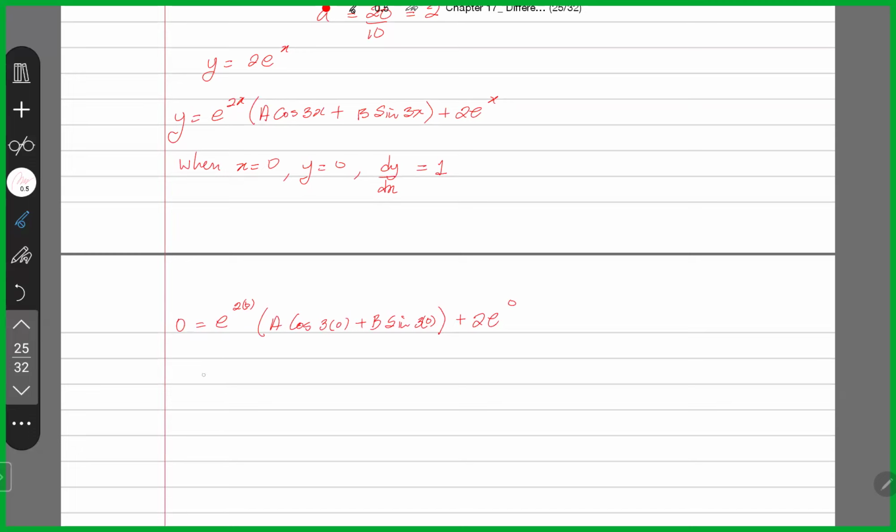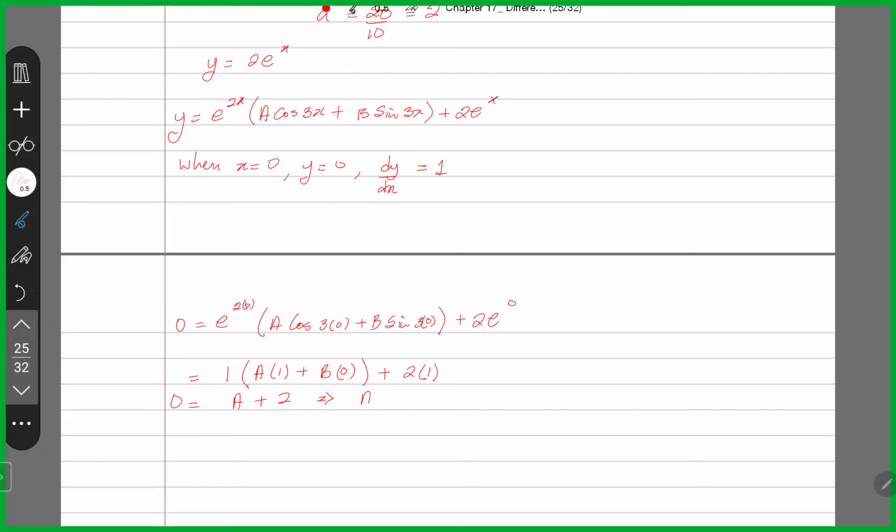All right, so e to the 0 is 1, so this is 1. The cosine of 3 times 0 is also 1. So this is a times 1 plus b times 0, because the sine of 0 is 0, plus 2 times e to the 0, which is 1. So this is 0 is equal to a plus 2.